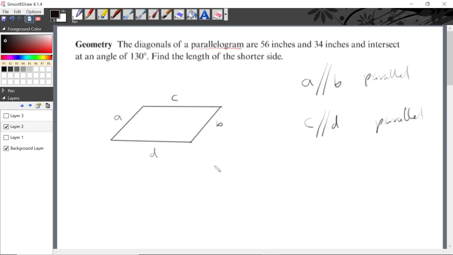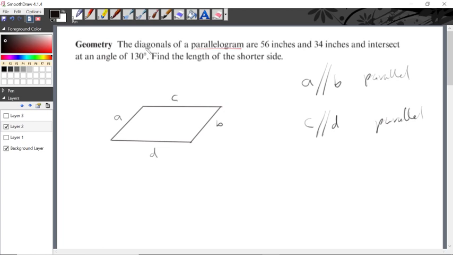So they travel in the same direction. A rectangle is a special case of a parallelogram, and so is a square, because a rectangle and a square would also have two sets of parallel sides. But in general, here's a parallelogram.